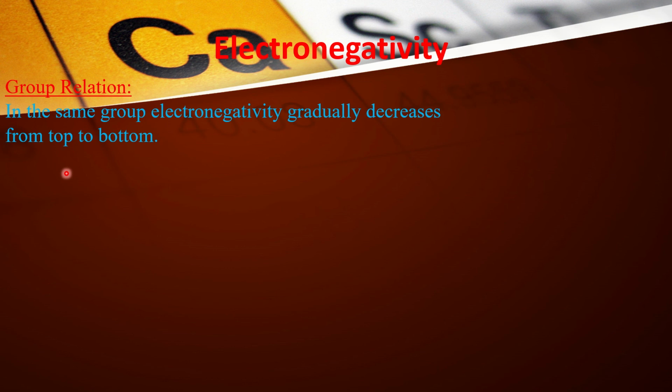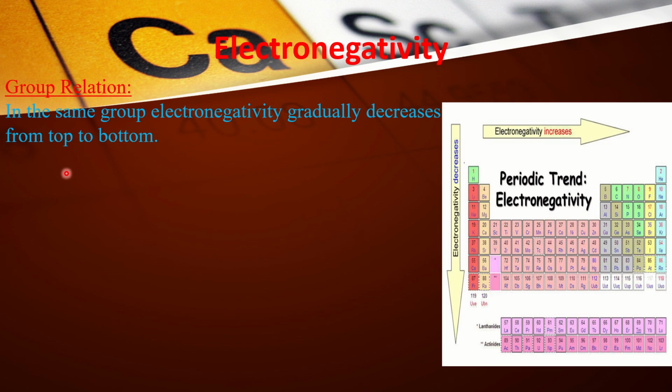So in the same group, electronegativity gradually decreases from top to bottom. This is the change of electronegativity. In the same group, electronegativity gradually decreases, and in the same period, electronegativity gradually increases. Because in the same period, atomic radius gradually decreases, so electronegativity gradually increases.